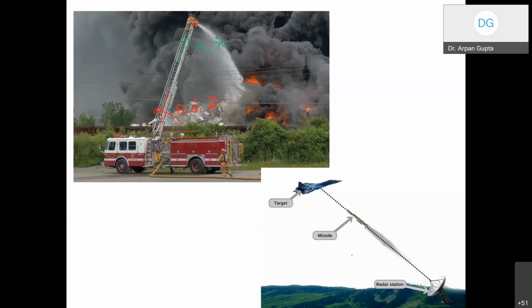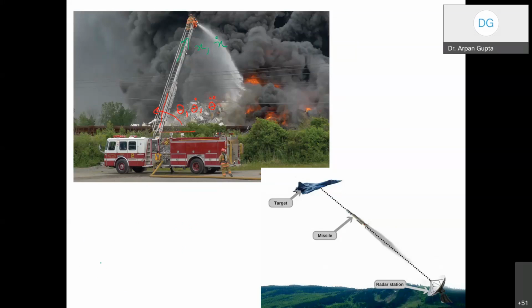Another problem is what you can see on this second image here. The concept we are going to learn is actually used for radar systems for tracking any moving object, whether airplane or missiles.